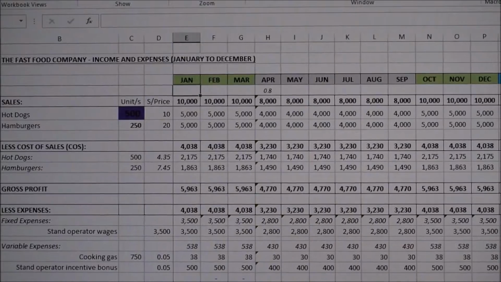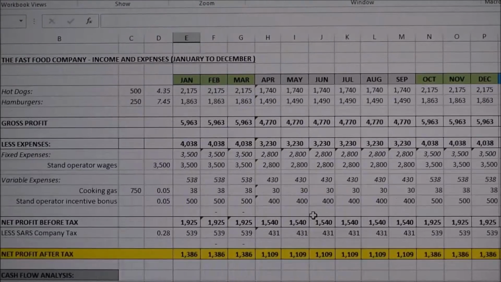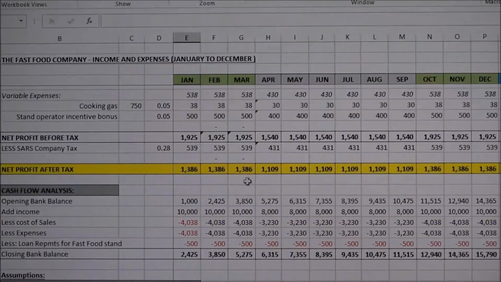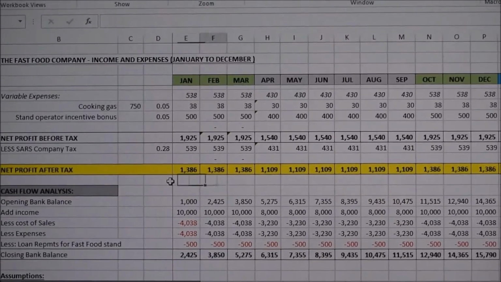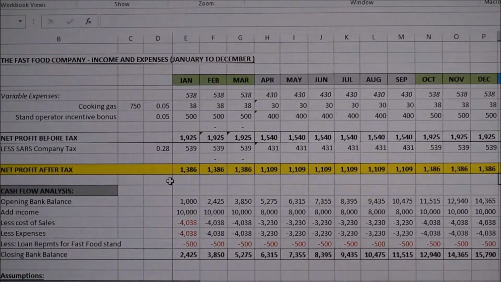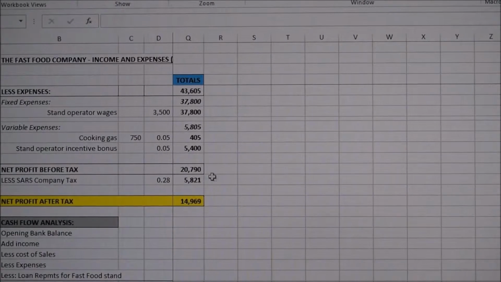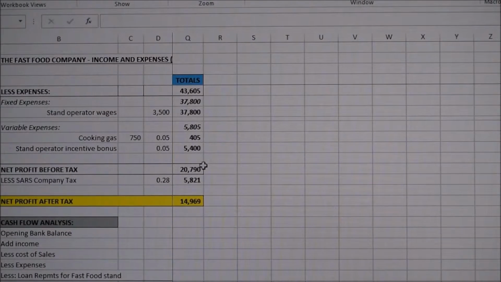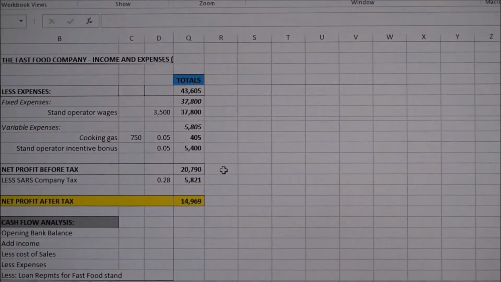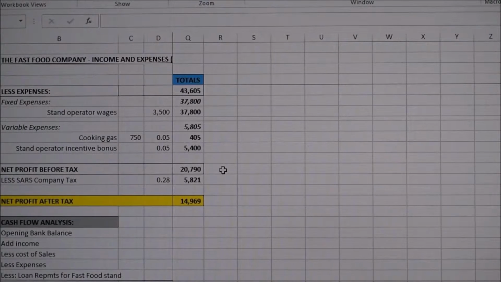This is derived from the income statement. So if we go back there and have a look, we go down to our net profit after tax figure, and we scroll across to our totals. You will see that we generated 20,790 Rand for our net profit before tax figure, which was all our sales, less cost of sales, less our expenses for the year.